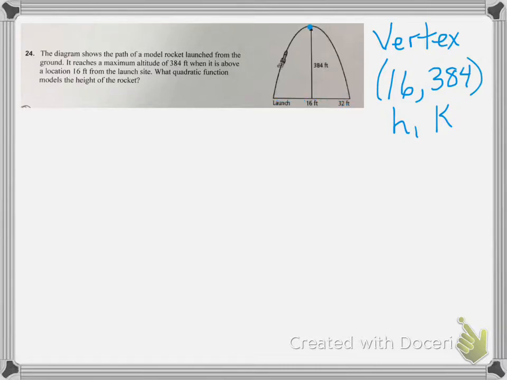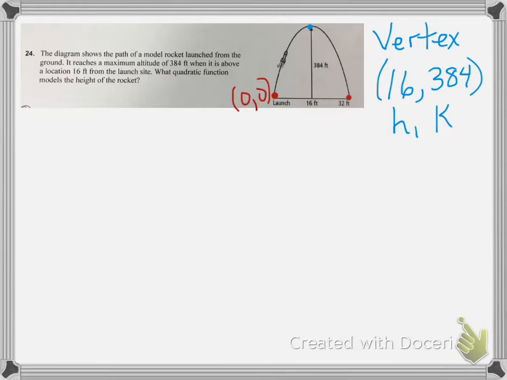Now, we need one other point somewhere on this graph. And there's two places where we can easily find some other points. Right here and right here. So at the beginning, this is at 0, 0.